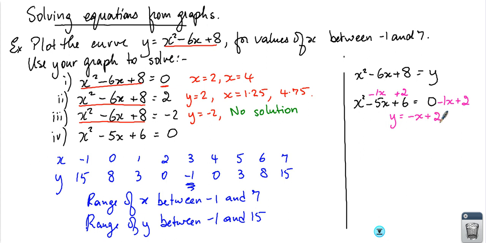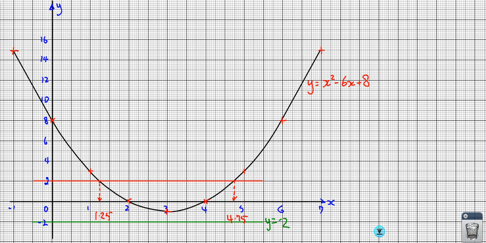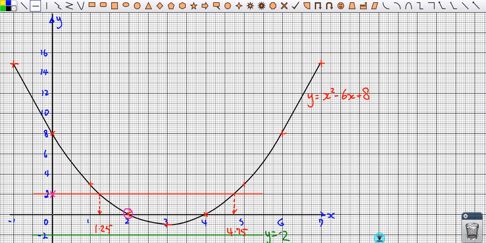Now I need to plot minus x plus 2. I go to my graph, minus x plus 2. It passes through 2, and it has a gradient of minus 1, meaning going down 2, I move 2. So it passes from that point. I can draw the line.